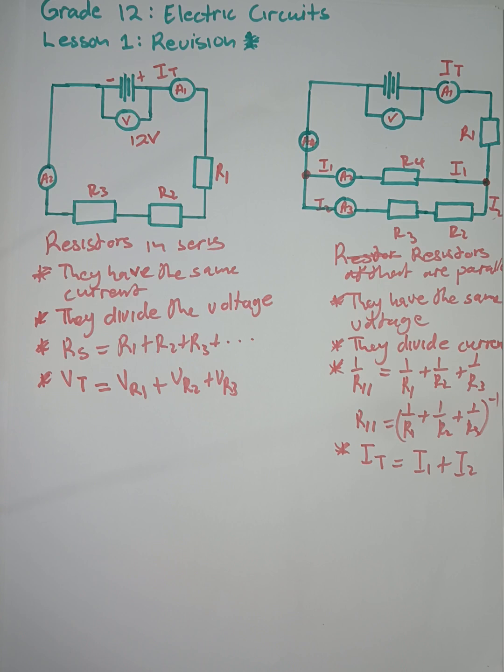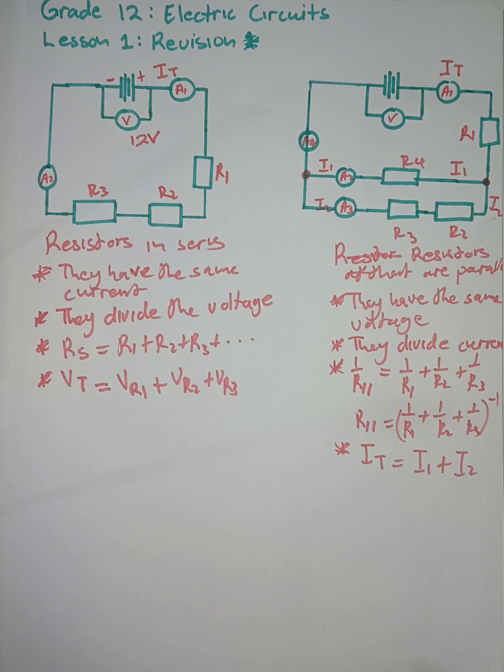And in grade 11, you should have learned Ohm's law. I don't want to stay too much on the revision part, so I don't want to make this video the longest. One thing you learned in grade 11 is Ohm's law, which states that the potential difference across a conductor is directly proportional to the current in the conductor at constant temperature.